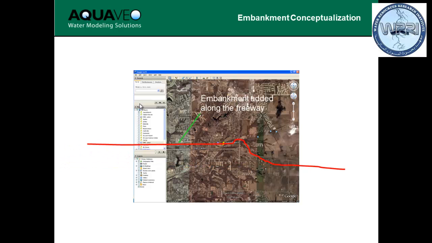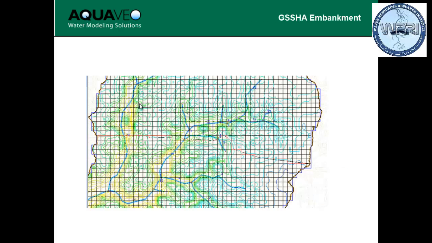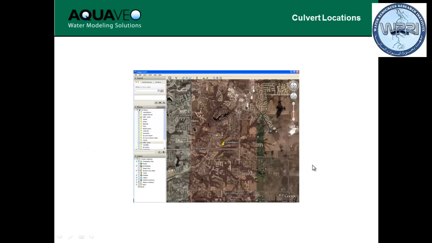You define an embankment in GSSHA using the Create Arc tool. You just create an arc that represents your embankment, and then you define elevations along that arc. This red line, for example, represents an embankment in WMS.